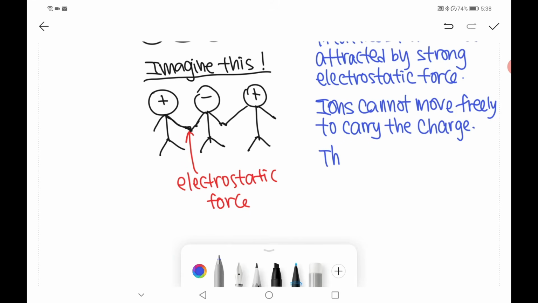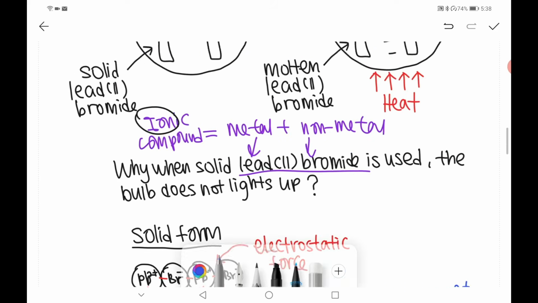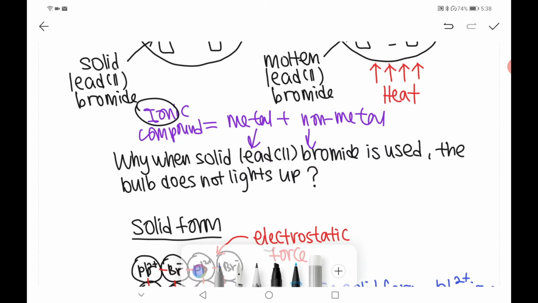Therefore, solid lead(II) bromide cannot conduct electricity. When you cannot conduct electricity, that is the reason why the bulb does not light up, because there is no electricity.